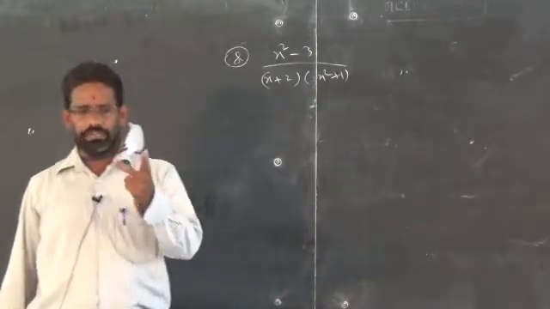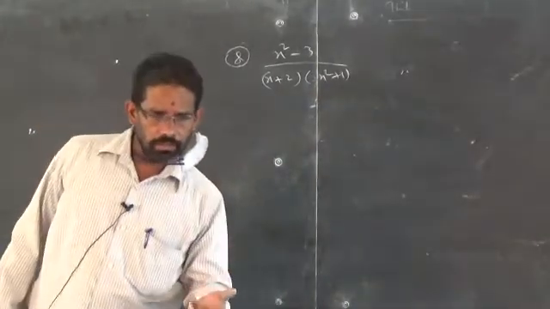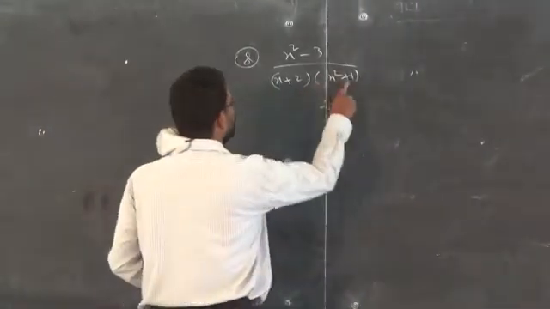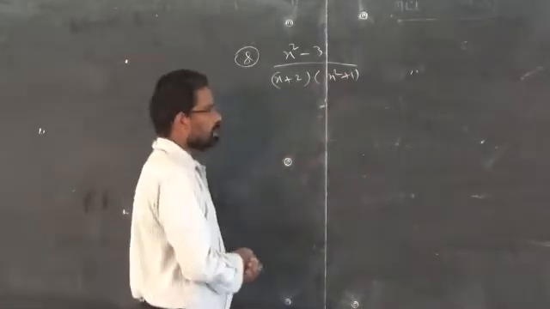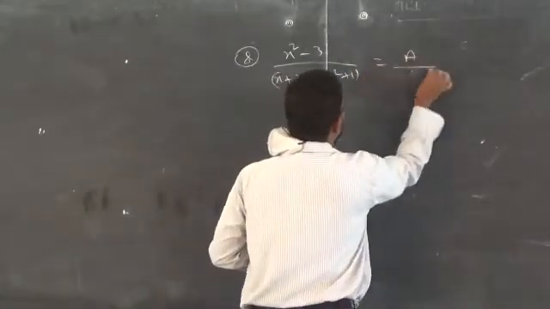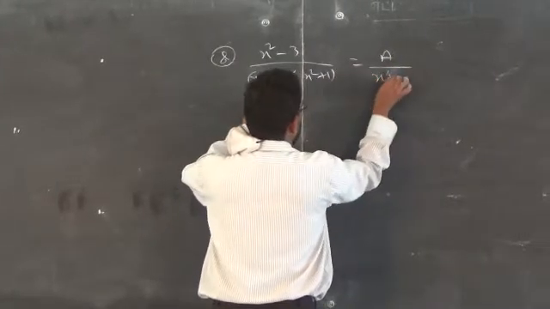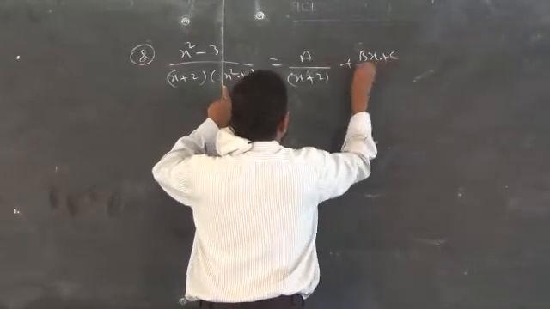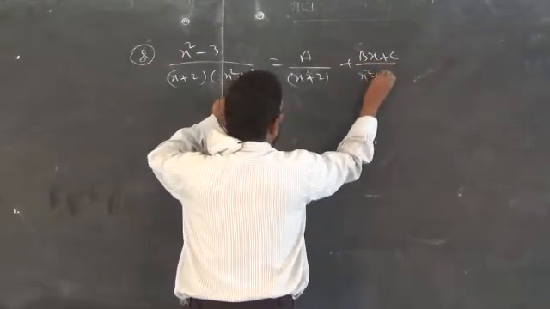We have the methods: factorizable, non-factorizable, factorizable with repeated factors. Now it is non-factorizable. So how to express? We have a technique: A by the first factor and Bx plus C by x square plus 1.